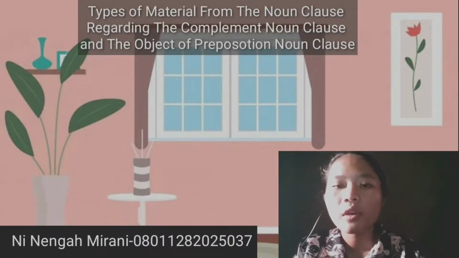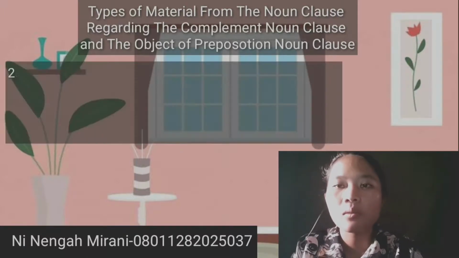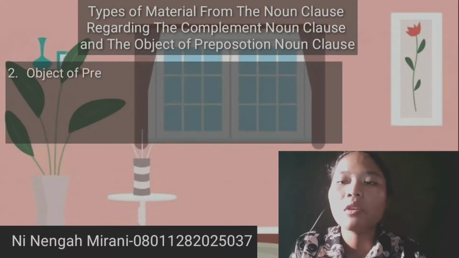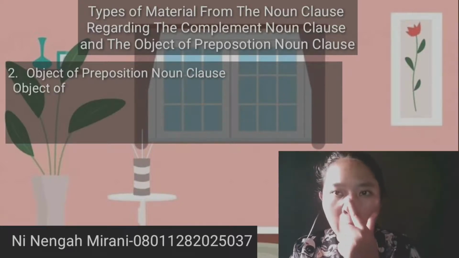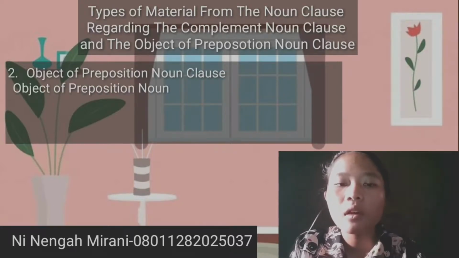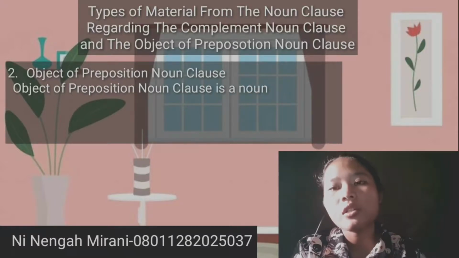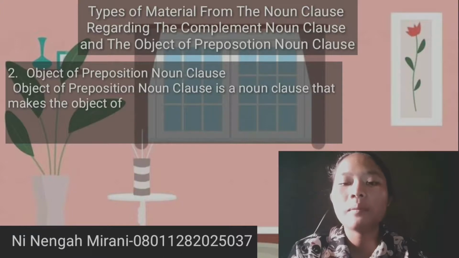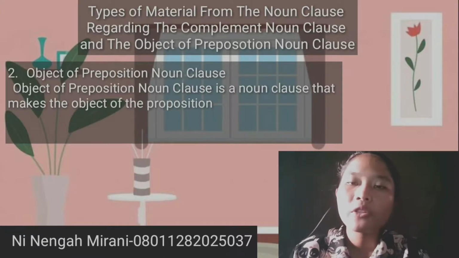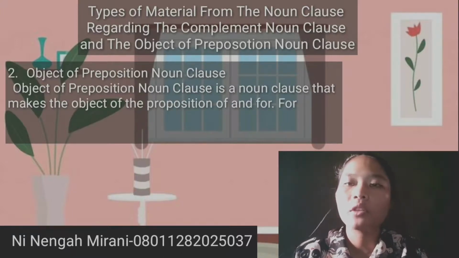Yang selanjutnya kita membahas mengenai object of preposition noun clause atau objek dari preposisi klausa kata benda. Object of preposition noun clause is a noun clause that makes the object of the preposition of or for.